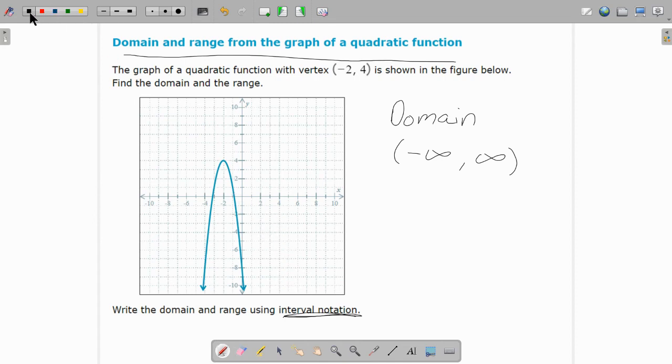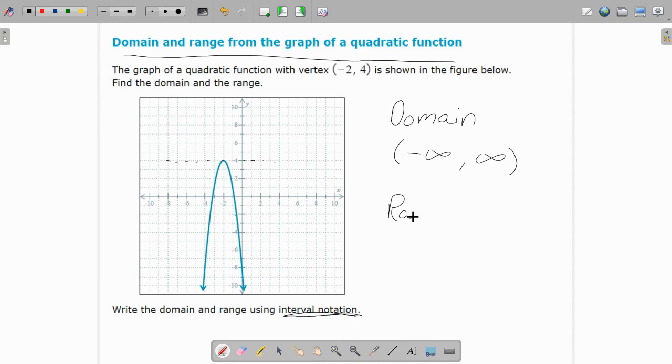So the domain is -infinity to infinity. Now, it's going down forever, but we definitely have a top here. So our top is 4.